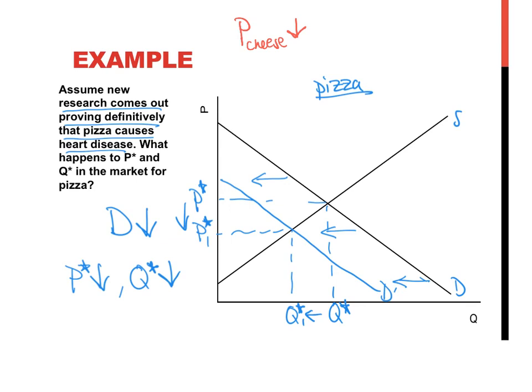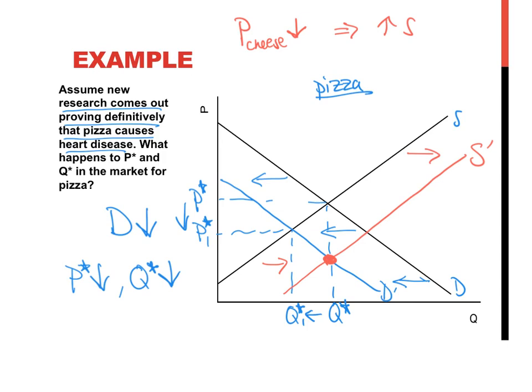So if the price of cheese decreases, this should increase supply or shift supply to the right. So now our new market equilibrium is going to be at the intersection of D prime and S prime.